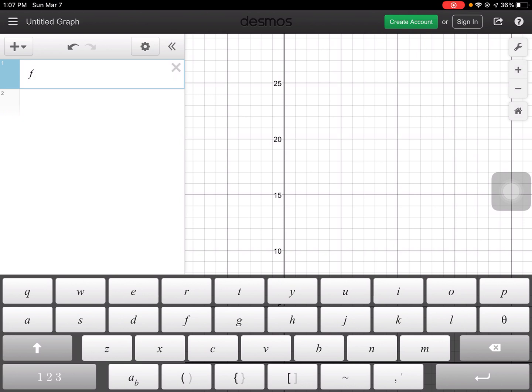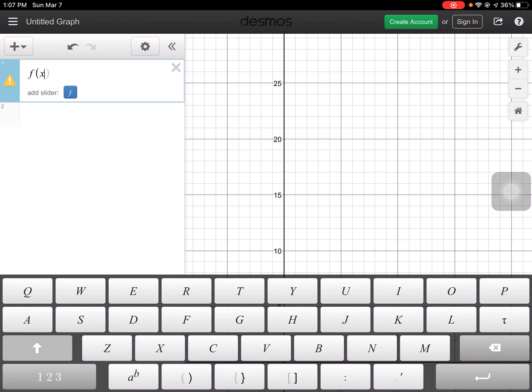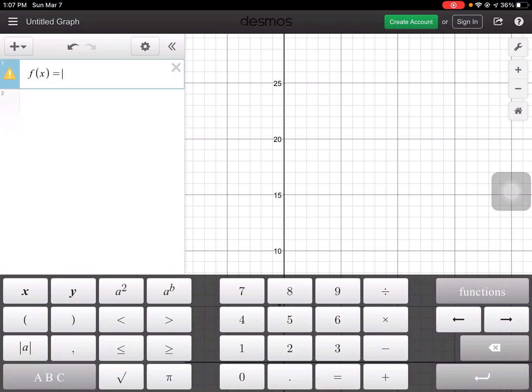You just go over to the keyboard, and you can type in f of x using your left parenthesis, then an x, and then use the up arrow to get the right parenthesis. And then type equals, and we'd have 4 plus 30x, and let's see, minus 16x squared.